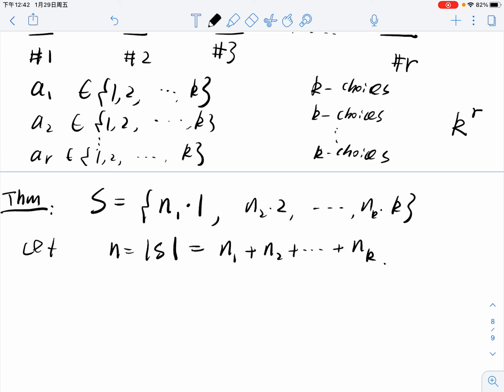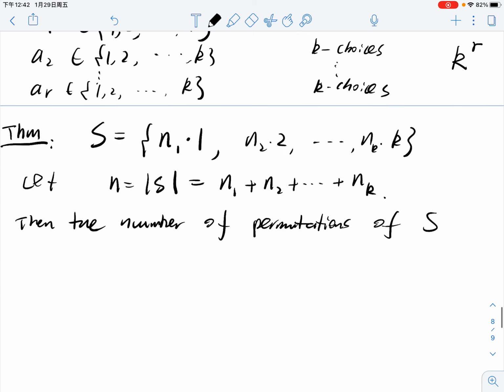Then the number of permutations of S is n factorial divided by n1 factorial, n2 factorial, up to nk factorial.